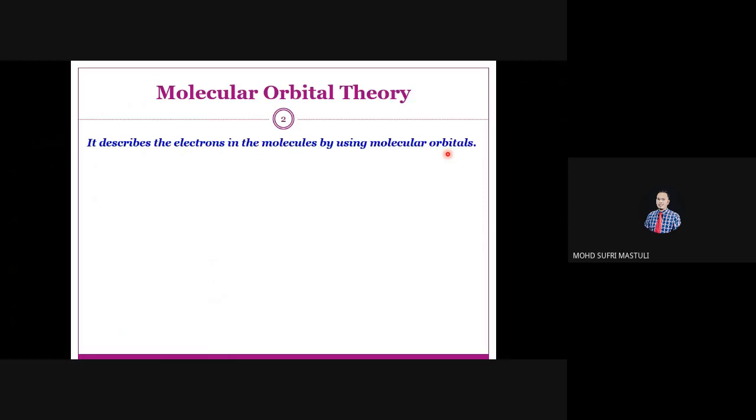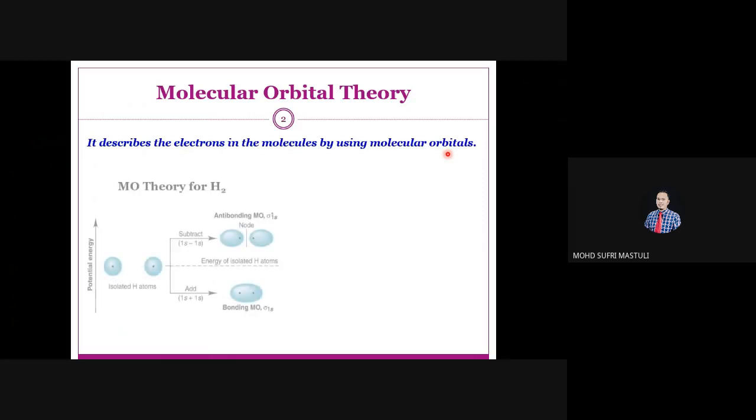But now we describe the valence electrons using molecular orbitals. In the previous topic, we just focused on the atomic orbital overlapping to form chemical bonding, but for molecular orbital theory, we expand it further. Molecular orbitals can be bonding and also anti-bonding.